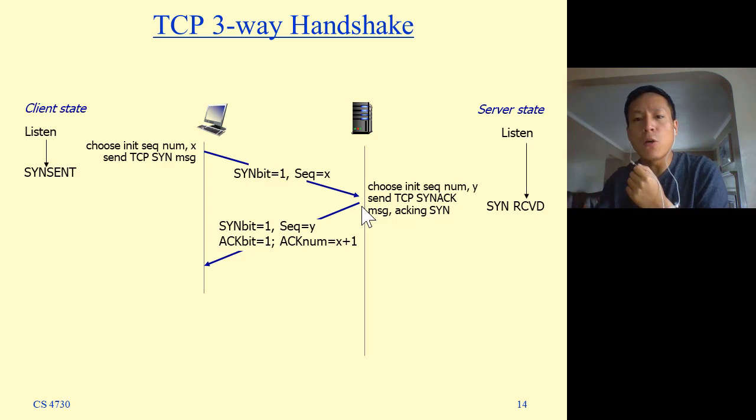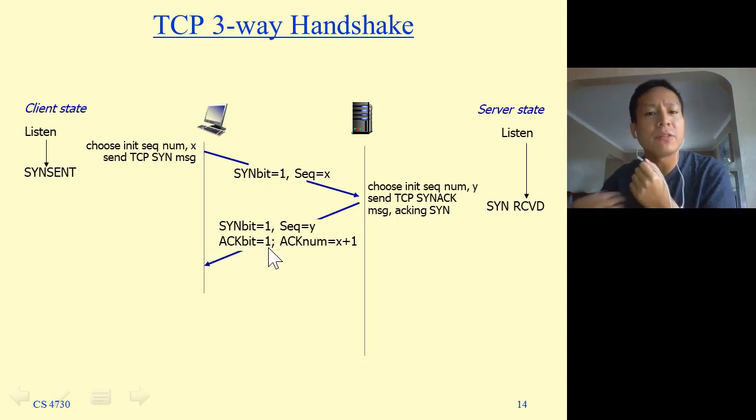It will choose its own initial sequence number, which is Y, and send it to the client with the SYN bit still 1, meaning that it is still a handshake, right? And it chooses the sequence number Y. The acknowledgement bit is 1, which means this is an acknowledgement to your previous SYN message.